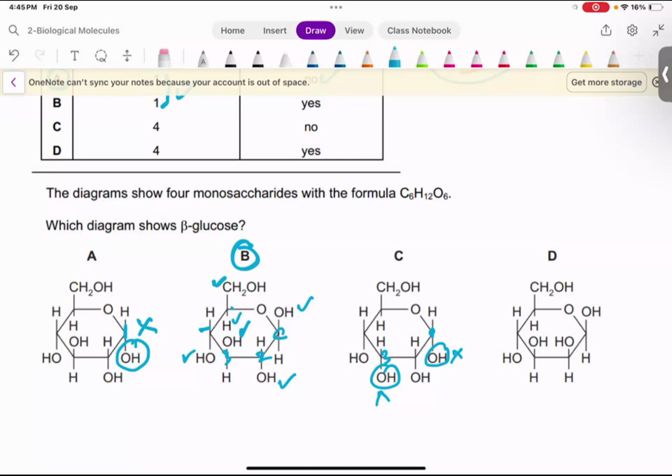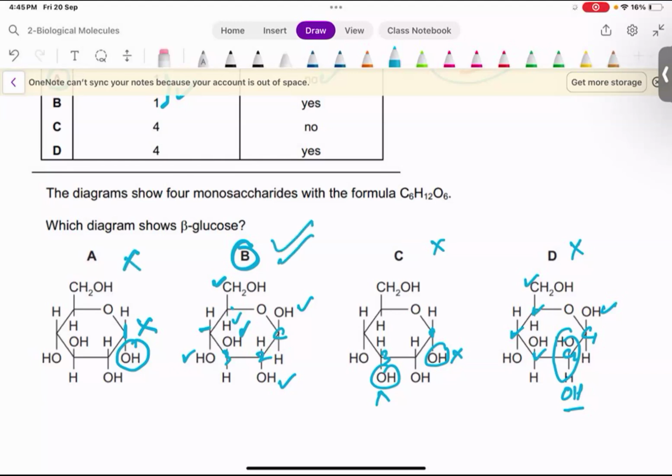This first position is correct, C1. Second position, C2, this is wrong. It should have been outside, and 3 is okay, 4 is okay, 5 is okay, 6 is okay. Only there is a wrong position of the hydroxyl group on carbon number 2. So that's why D, C and A are not possible. So B is a correct choice.